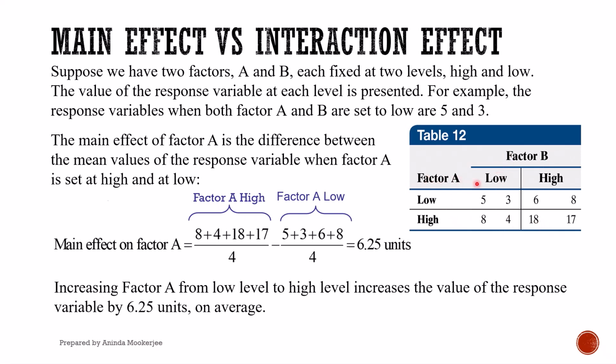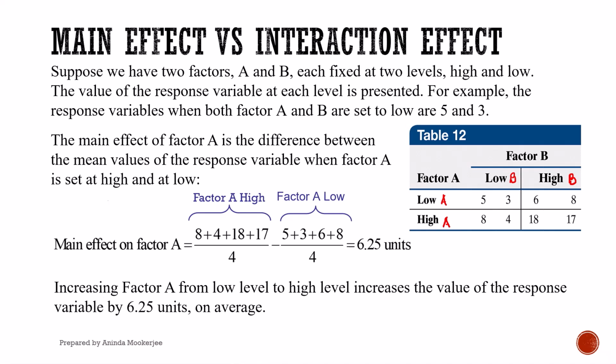And each of these factors have two levels. The first one is the low level, the next one is the high level. For factor B also, we just use generically the two levels as low and high. So I'm going to write here, this is the low for A and then the high for A across the rows. And then for factor B, this is the low for factor B and the high for factor B as well.